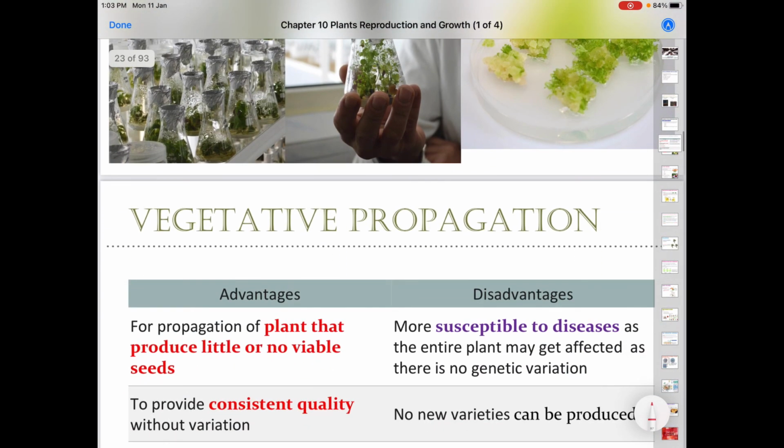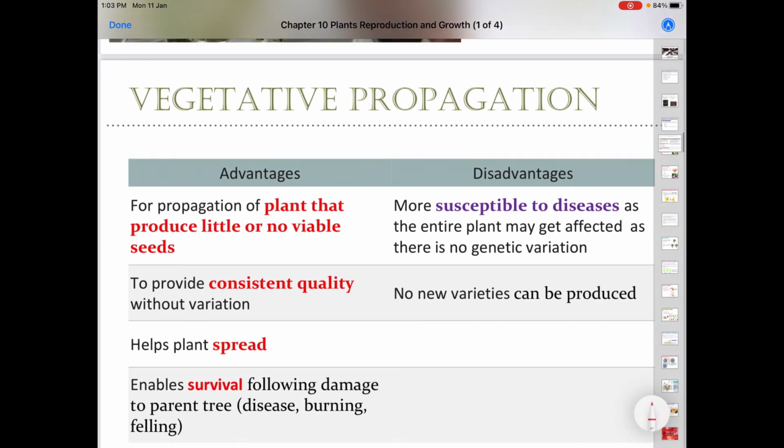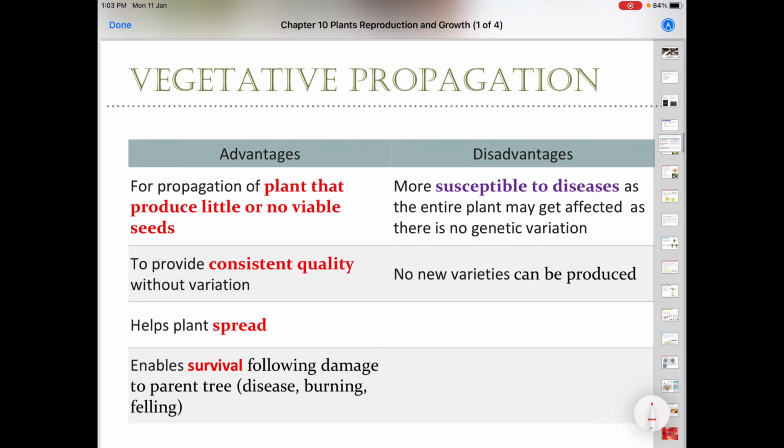So these are the advantages and disadvantages of vegetative propagation. The advantage is that we can propagate plants that produce little or no viable seeds, or plants that have low production, or when we want to maintain the seed variation.